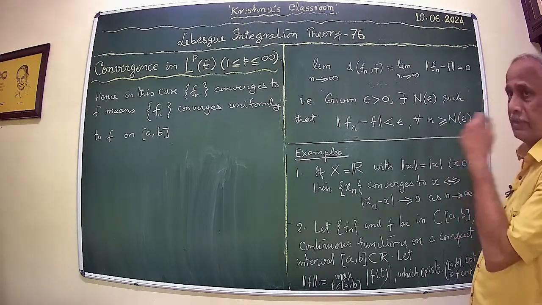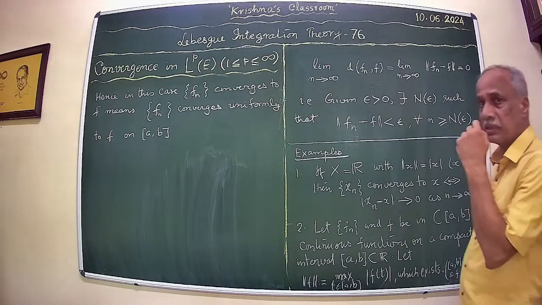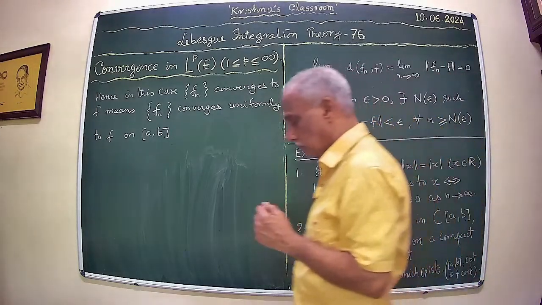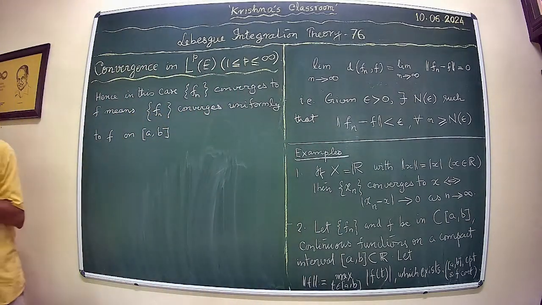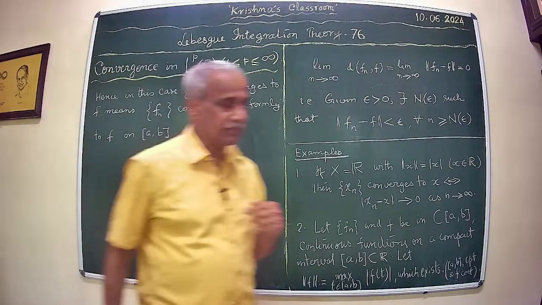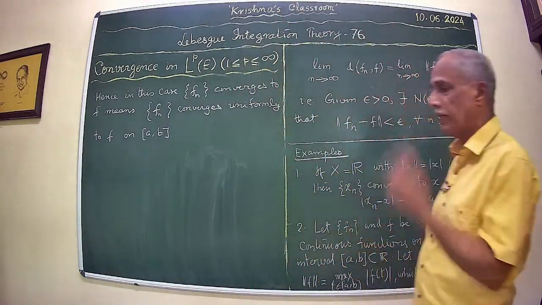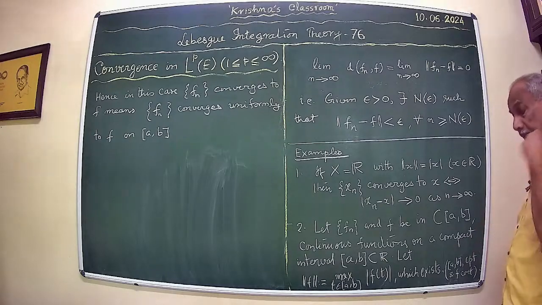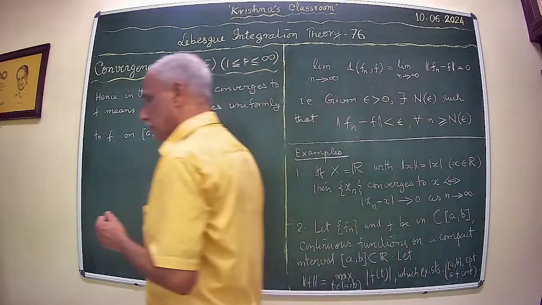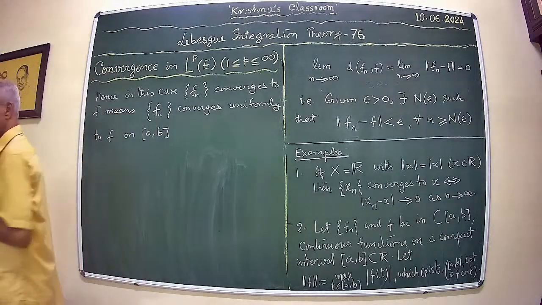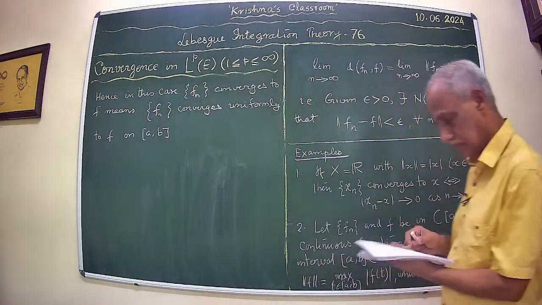So pointwise f_n(t) converges to f(t). It is uniform convergence, which means irrespective of t, given epsilon positive, there exists a number N which depends only on epsilon and not on t, such that the condition is satisfied.